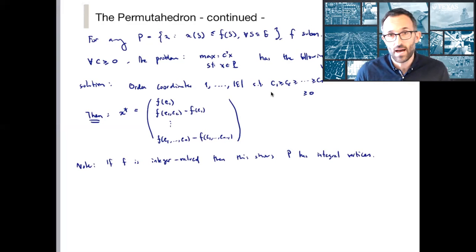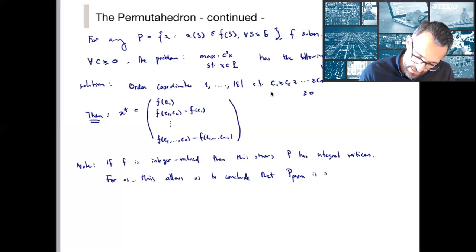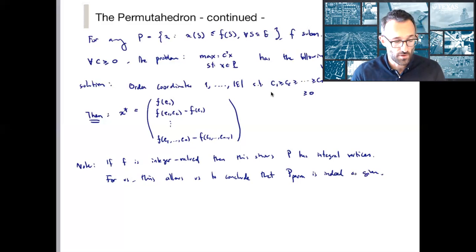And immediately that implies for us that we have the correct description of the Permutahedron. So for us, this allows us to conclude that the Permutahedron is indeed as given on the previous slide.